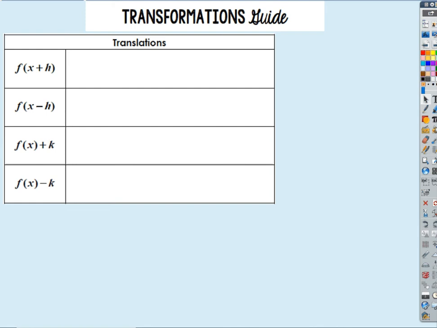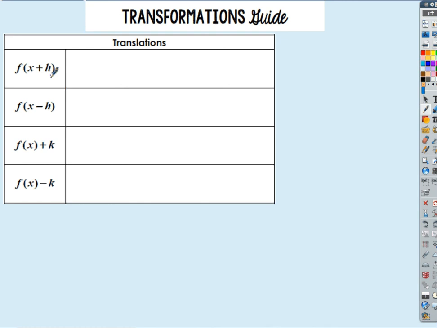Okay, so tell me what do these correspond to? Just fill in your notes as we go. This is the transformations guide, right? The part that's on the right. So if I have some parent graph f of x, and I'm adding a number to x inside the function, what's that going to do to the graph? Move it left to right. Okay, which way?